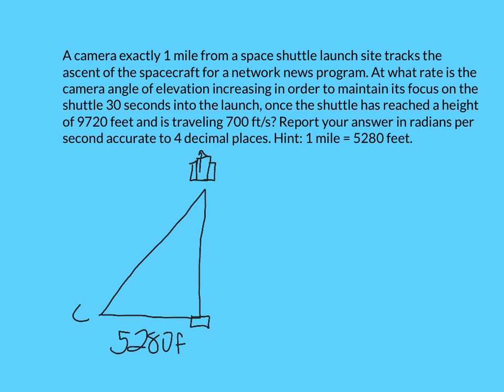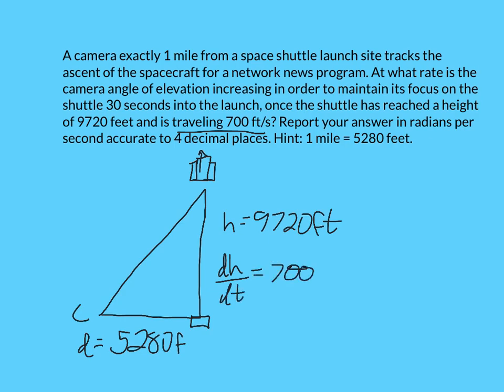And at this point in time, let's call that D. At this point in time, we are taking our snapshot here, and our height is 9,720 feet. And it is traveling at 700 feet per second. So the rate of change of height is 700 feet per second.